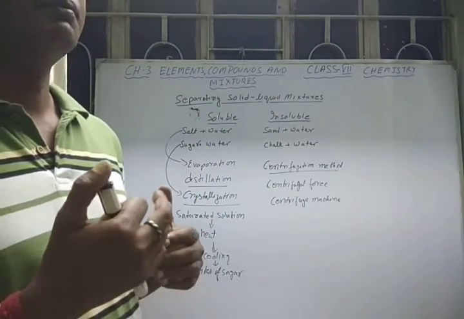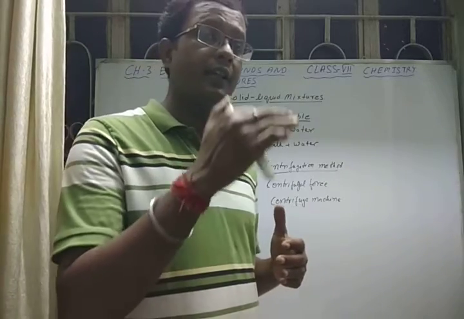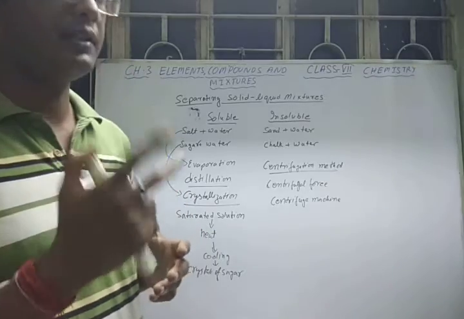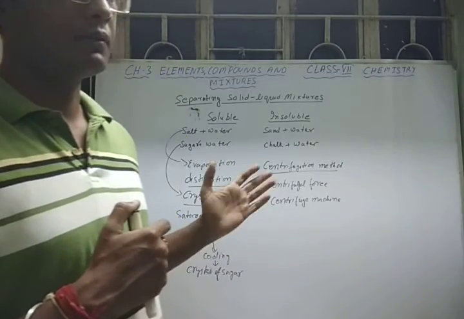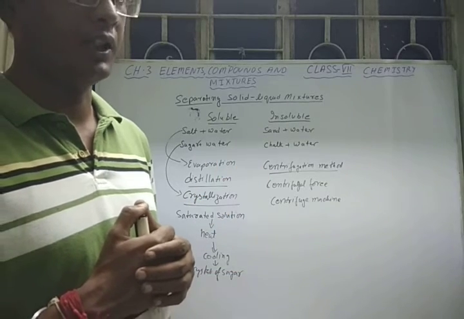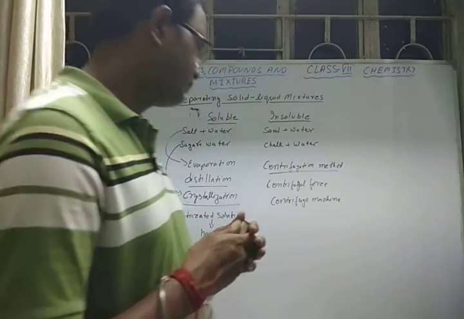If these solutes are heavier, then they will settle down at the bottom. So in two ways you can separate the solute from the solution by the process of centrifugation.